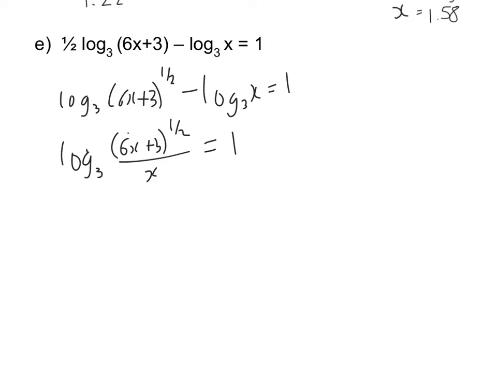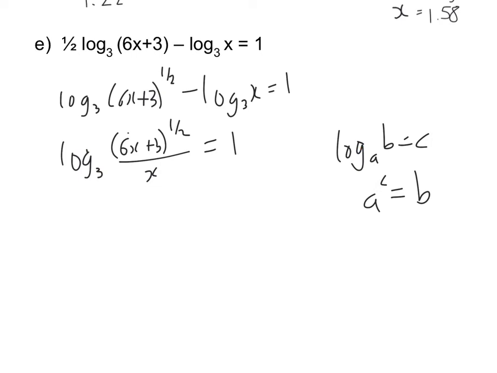So if we just now think of it like the definition of logs, remember log to the base a of b equals c. What does that mean in index form? That means that a to the power of c equals b. So we want to write this here in index form, and it is essentially the same as this.